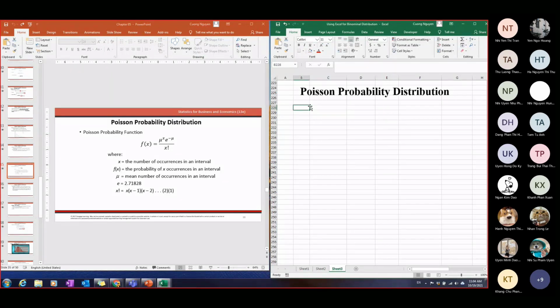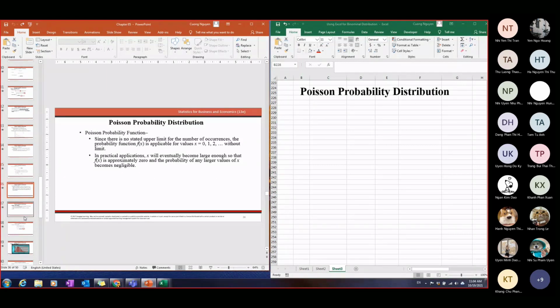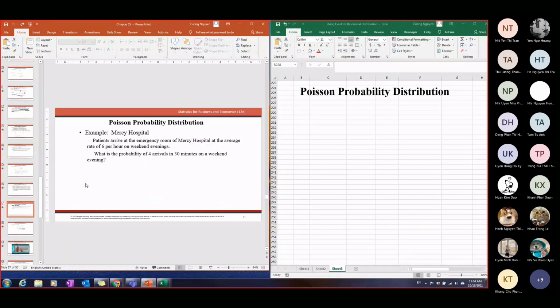So in this case, the example question is something like this. For example, the Mercy Hospital. Mercy Hospital had patients arrive in the emergency room at the average rate of 6 per hour on a weekend evening.